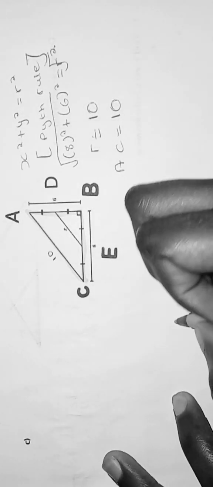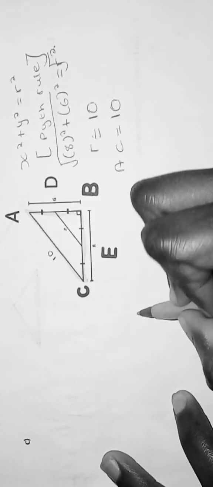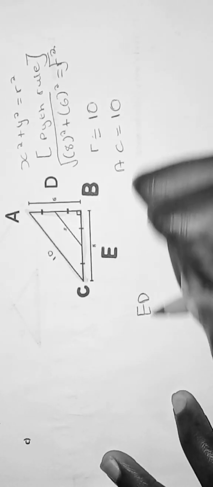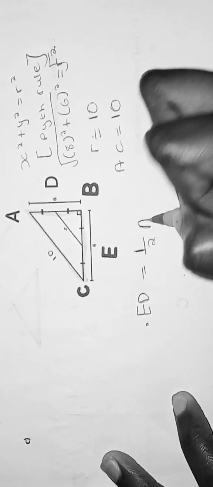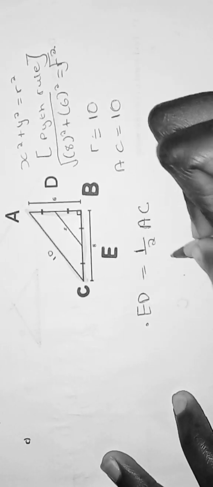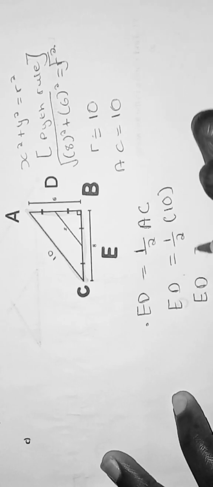For you to find this x, you are going to say that this ED is equal to half of AC, and my AC is 10, which means that my ED will be half of 10, which is 5.